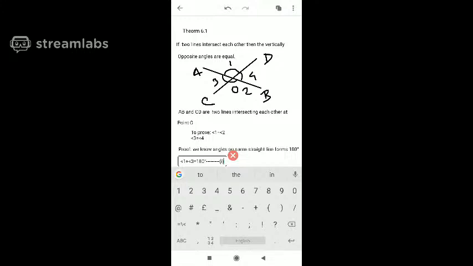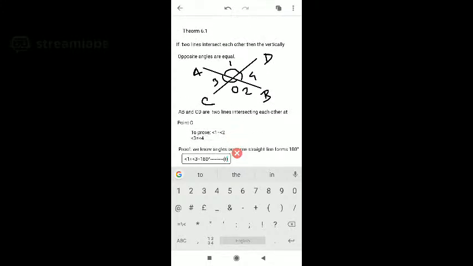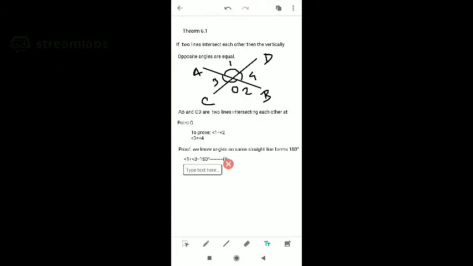Then again we will write. Now 1 plus 3 is there, so the next angle we will take such that either 1 or 3 should be common. I am going to take 2 plus 3, because 3 will be common with the previous one.